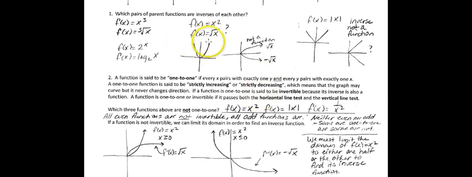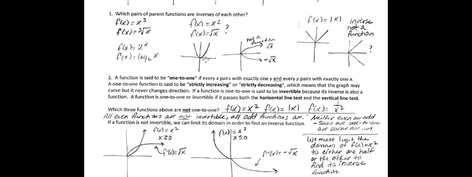In other words, if I can draw a vertical line anywhere on the graph and it only crosses the graph once, it is a function. If I can draw a horizontal line across the graph any place on the graph and it only touches one point, then its inverse is also a function. Here, its inverse is not a function because it does not pass the horizontal line test.